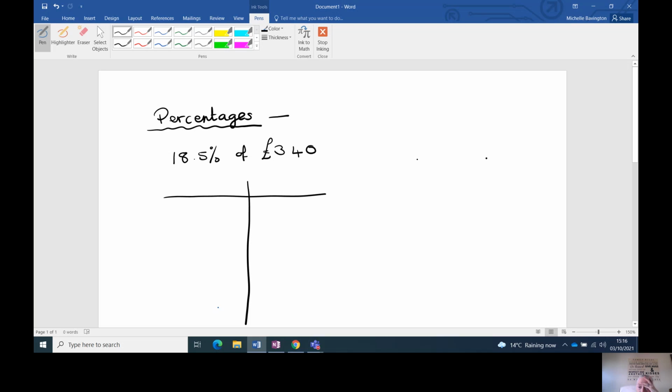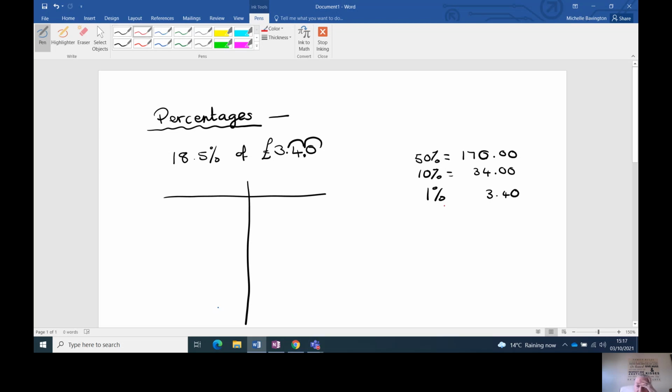Let's do our bases. 50%, 10%, 1%. 50% is half, £170. 10% is £34. 1% is £3.40.